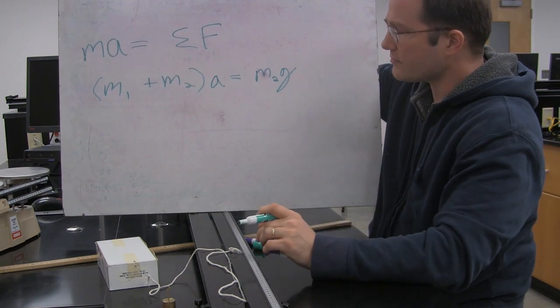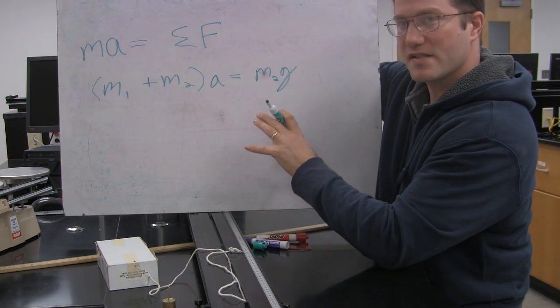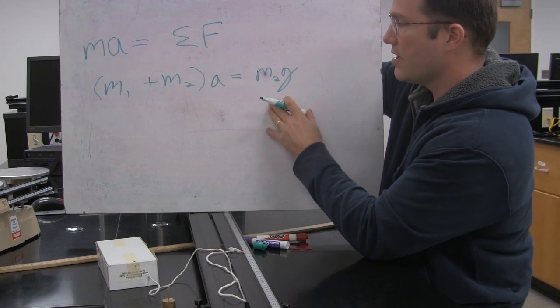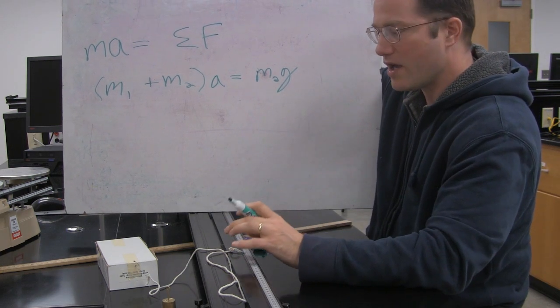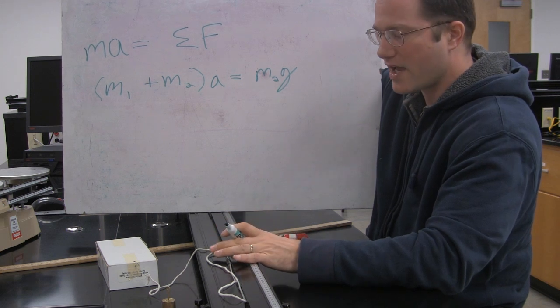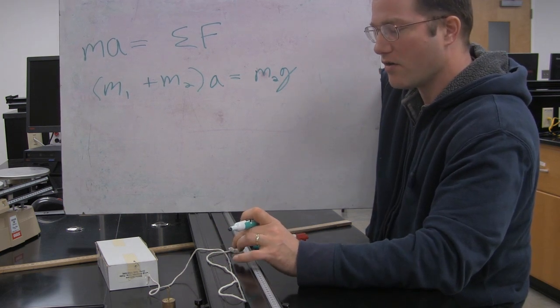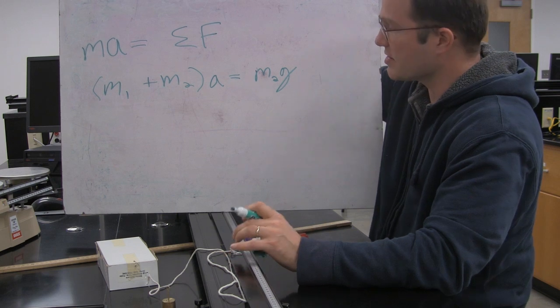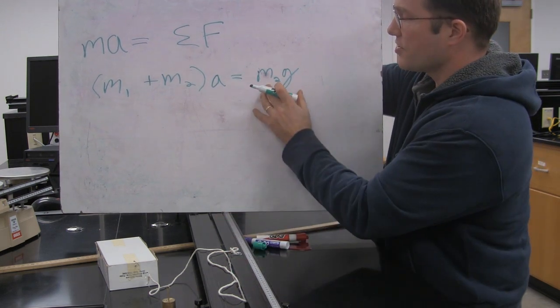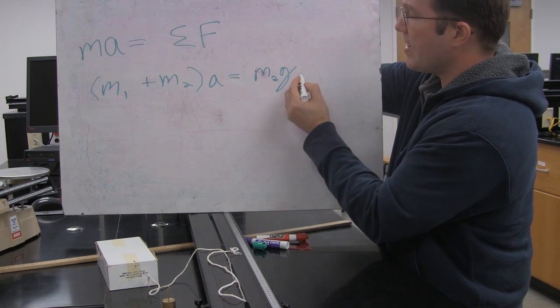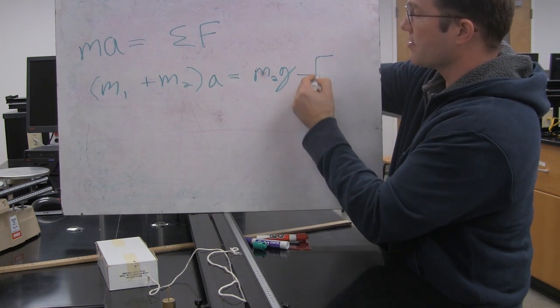And so, as it turns out, this is not really the net force though, because when we did that lab we assumed that friction was negligible. Well, sometimes you can't do that, and in fact the net force on a rolling or sliding object is going to be, in that modified Atwood situation, equal to the weight of the hanging mass minus any frictional force.